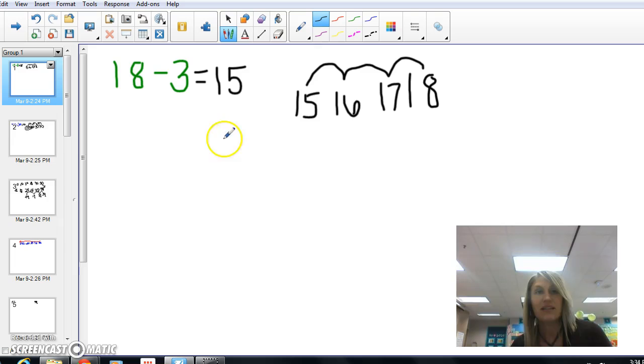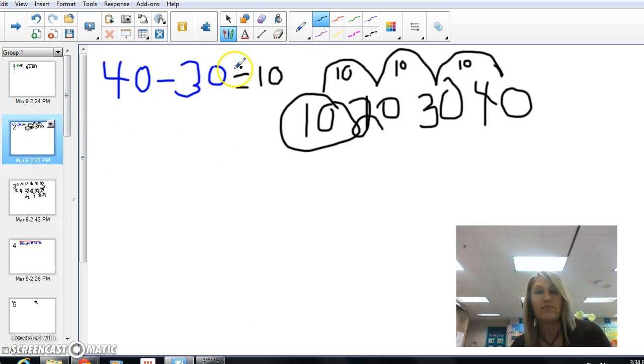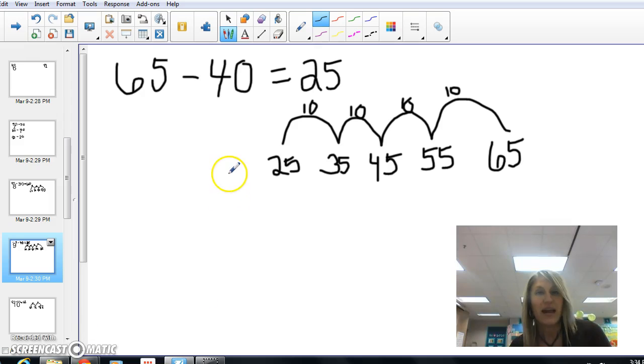Then we learned how we can take bigger jumps by subtracting by tens. Next, we learned how to subtract by tens from a number that did not end in 0, and how to count backwards by tens from those numbers.